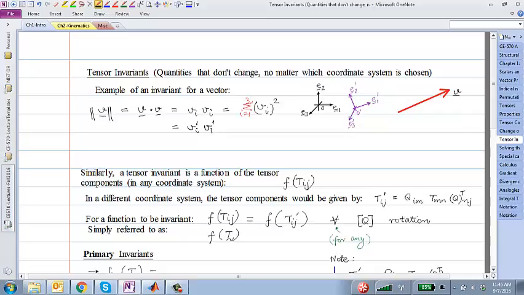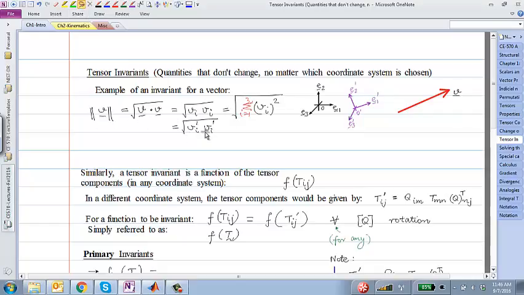So this should work, correct? Actually, I need a square root everywhere. Magnitude of v is v dot v and square root, right? So magnitude of v is square root of all of that.